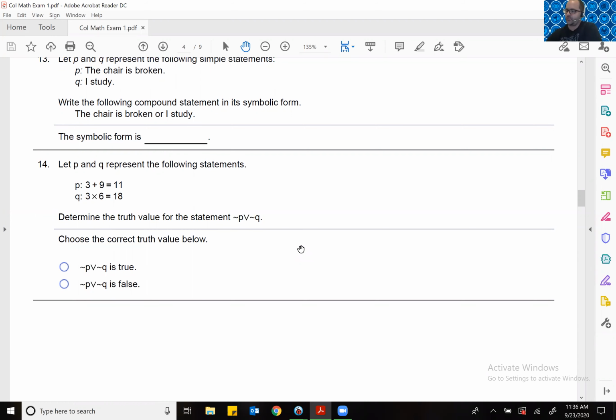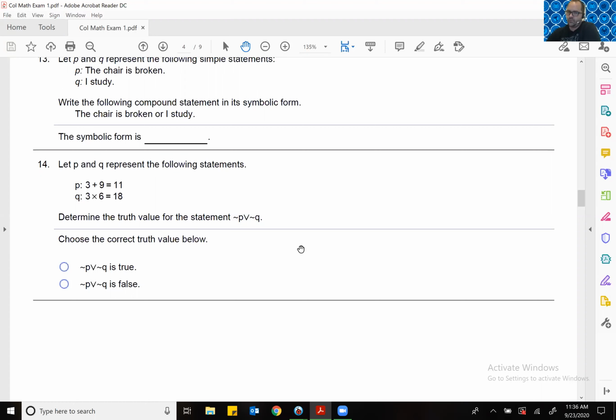So the next one, number 14, is also coming from 3.2. Number 14 tells us that P is 3 plus 9 equals 11, and Q is 3 times 6 equals 18.